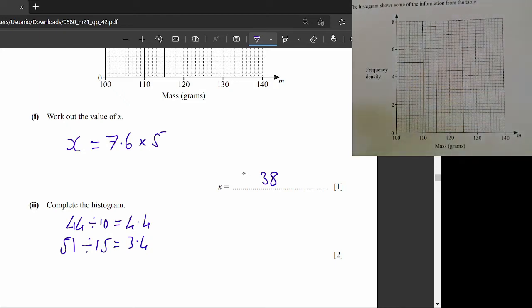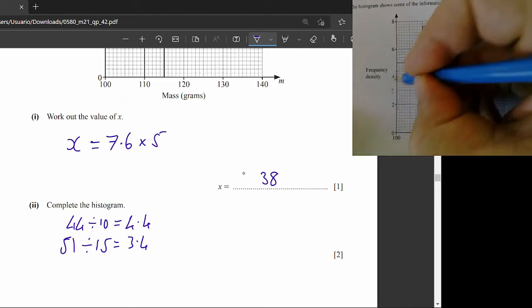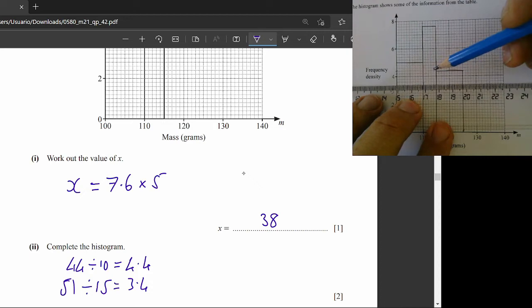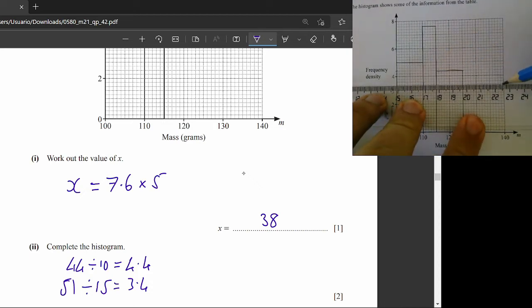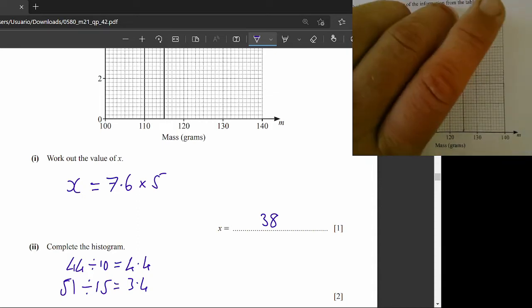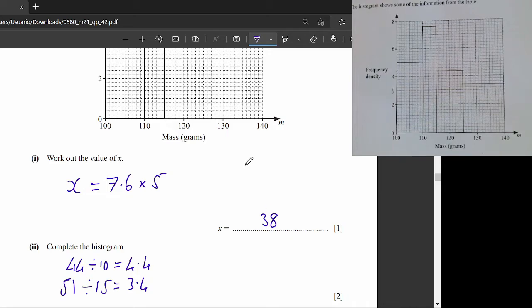Okay, so 3.4. Let's have a look. There is 3, 2 squares, 3.4, 2 squares above that. So 1, 2. This will be a bar that takes us all the way home. And we have full marks.